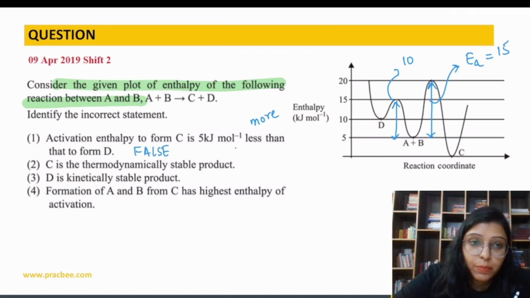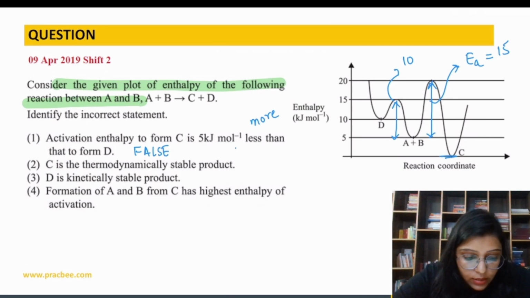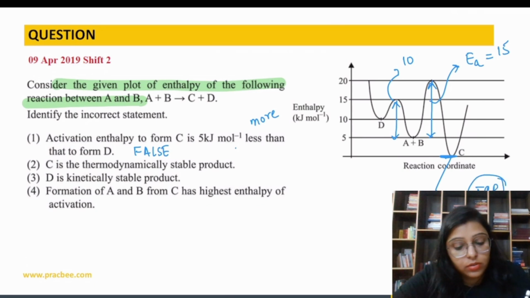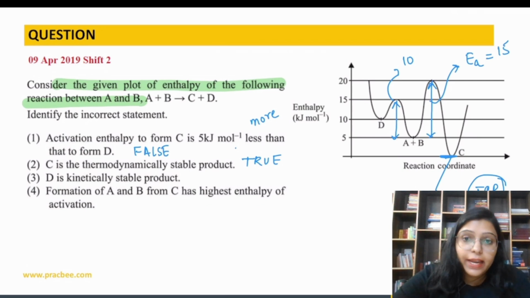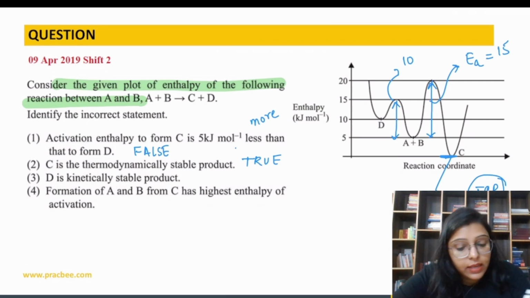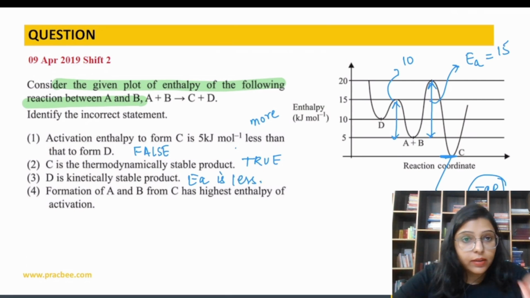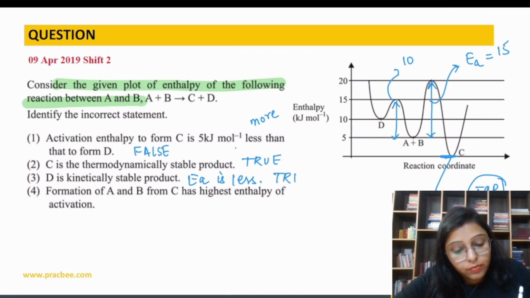Next, C is the thermodynamically stable product. Yes, because the energy of C is least. So this is the thermodynamically controlled product. So this is true. Next statement, D is the kinetically stable product. Yes, as activation energy is less, D is formed in less time. So yes, D is the kinetically stable product, which is also true.